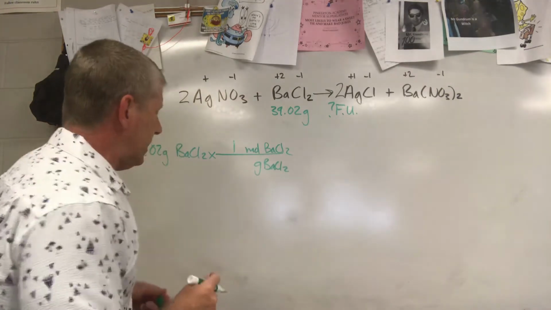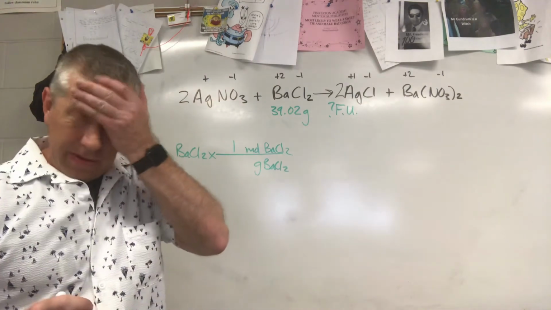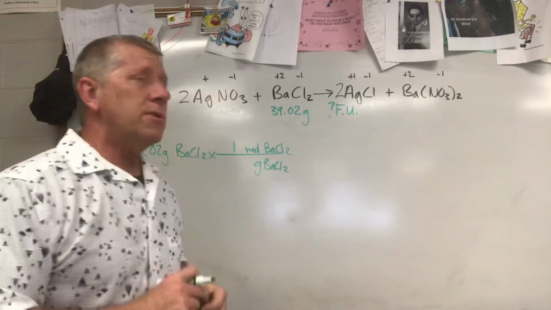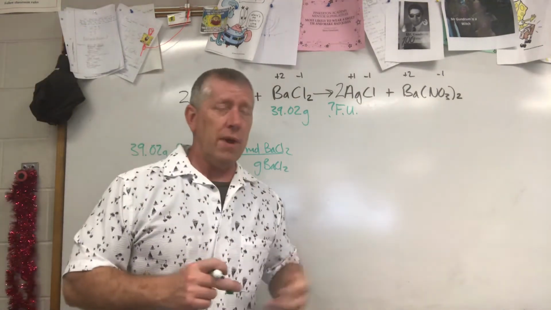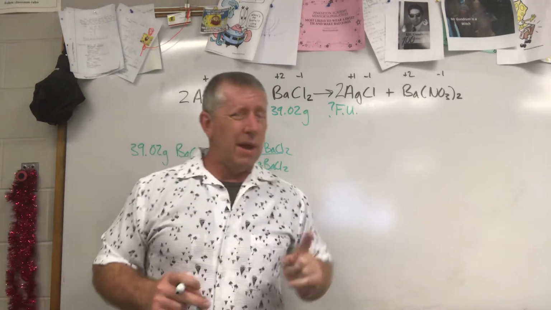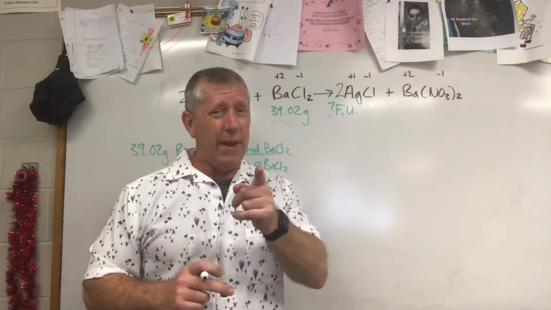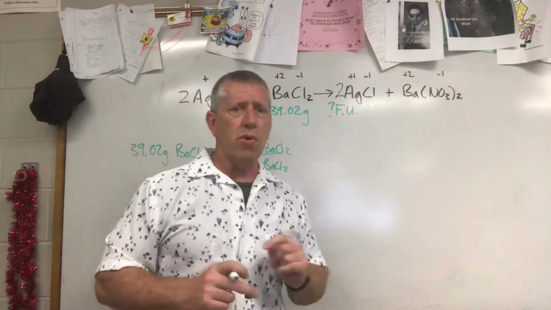We got to have the barium and chlorine. Barium was 137. Chlorine is 35.45. With 2 of them, I go 35.45 plus 35.45, so I go 71 for 2 chlorines.